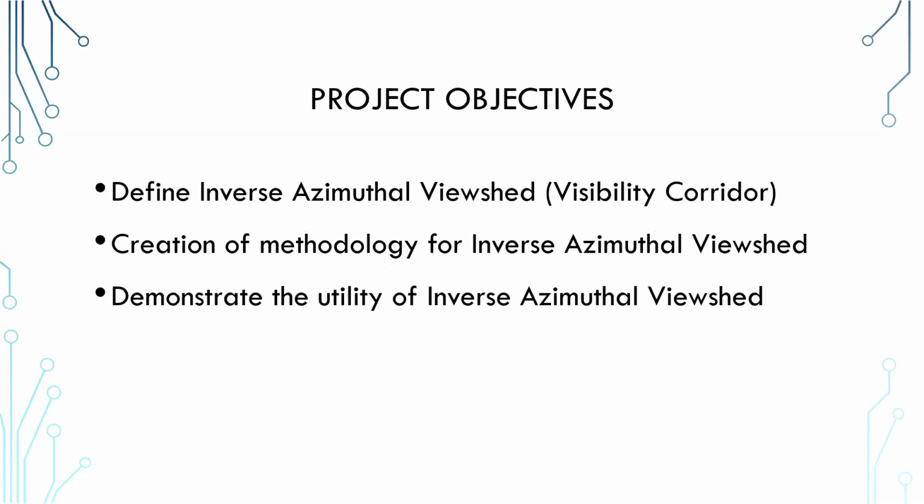As we move along, my project objectives will be to define an inverse azimuthal viewshed, also known as a visibility corridor, the creation of a methodology for the inverse azimuthal viewshed, and to demonstrate the utility of the viewshed itself.